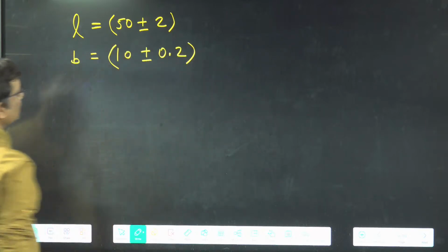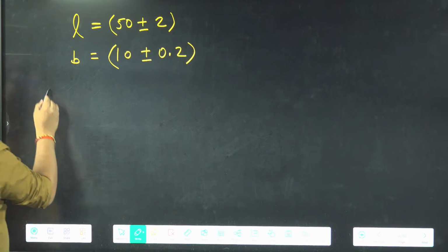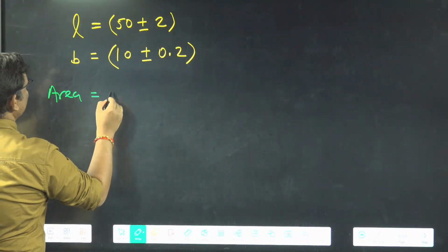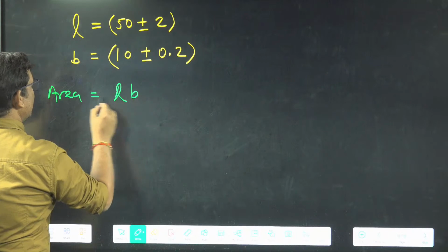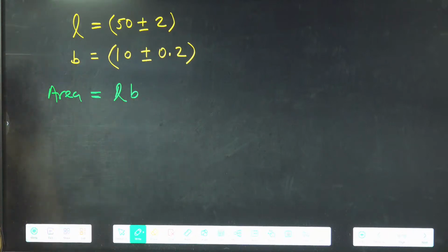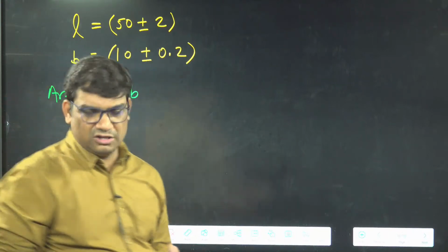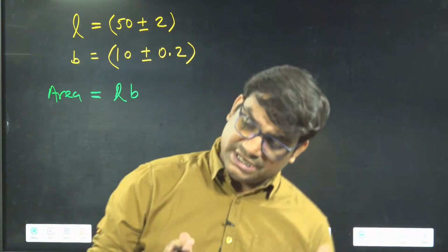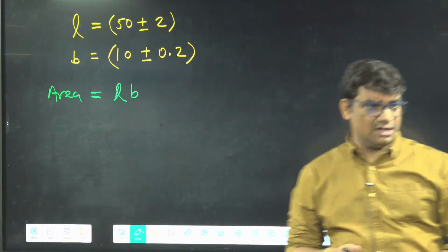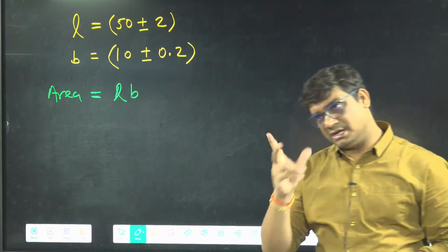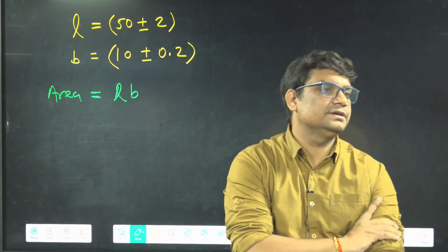They're asking to find the area. You know, area is basically L into B. What is the answer? You will go by the second method to get the answer. You have to convert first of all into percentage, and percentage error we can directly add. Okay, so what is the answer here?